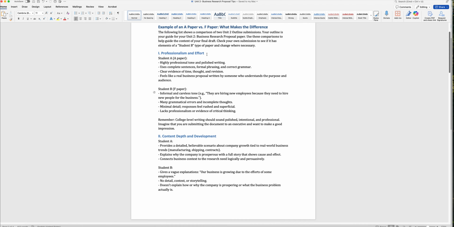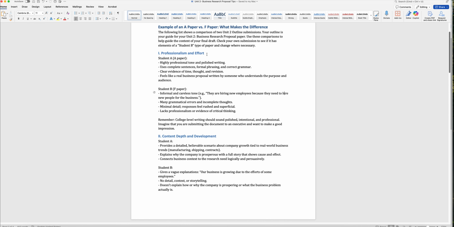When you write in the business context, it needs to have the business tone. It's not like talking to a friend. It's not like sending a text message or sharing a meme. It needs to be in a professional tone, and it needs to be clear and get to the point.